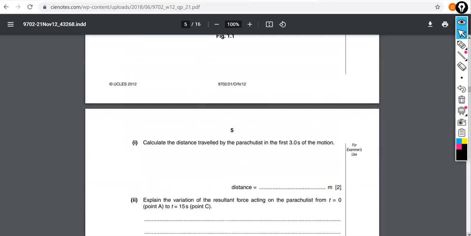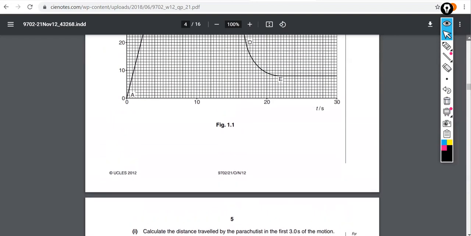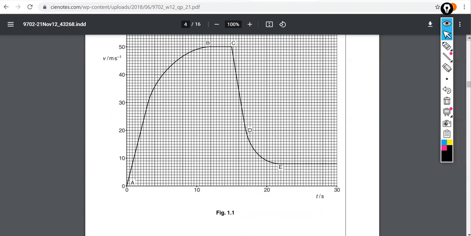First thing, it says calculate the distance traveled by the parachutist in the first 3 seconds of the motion. We spent a lot of time talking about the slope or the gradient, but we did say there are 2 things you can do with graphs, and one of them is find the area underneath the curve. The area underneath the curve gives displacement. Again, we can always use the units as a clue.